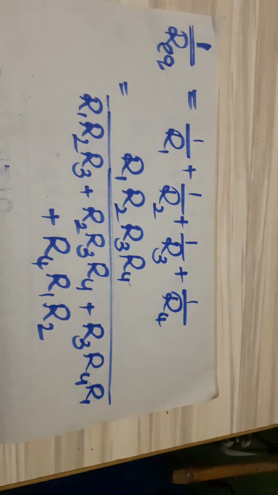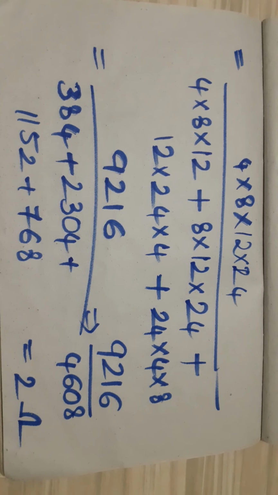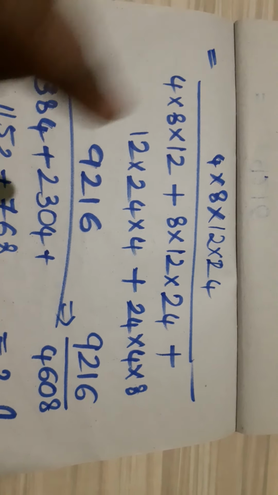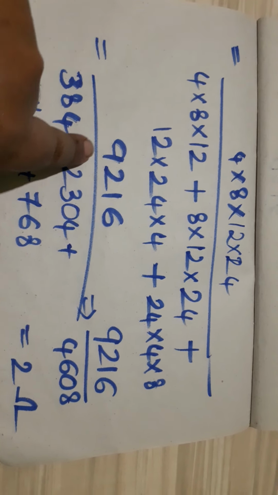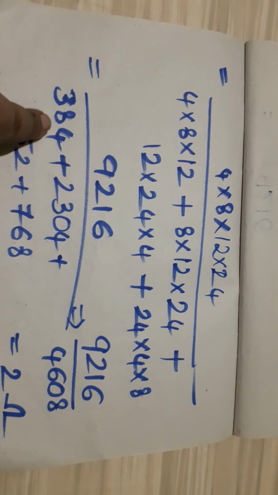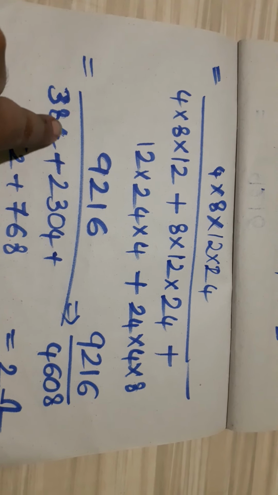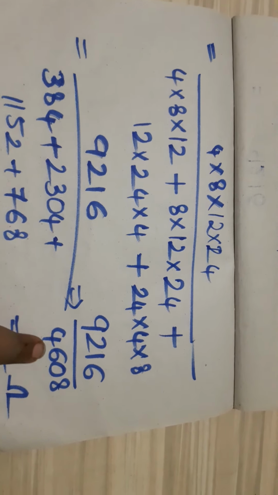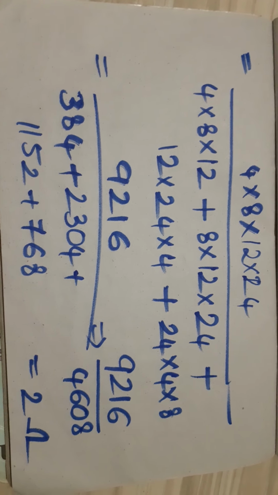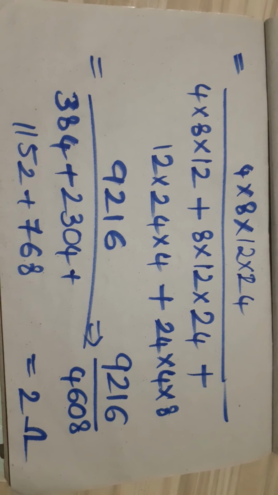We will get 4 into 8 into 12 into 24. On the numerator the value is 9216, on the denominator the value is 4608. So the total value is 2 ohms. That is the answer for the question. Thank you.